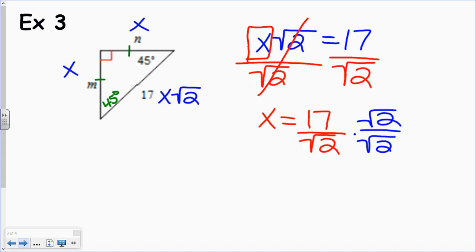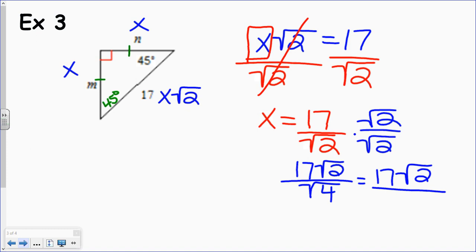So now we know that this is 17 root 2 divided by root 4. And then we're looking to see what we can simplify. The square root of 4 is really 2, and then I look to see if I can simplify, which I can't. So now I know that x is really 17 root 2 divided by 2.